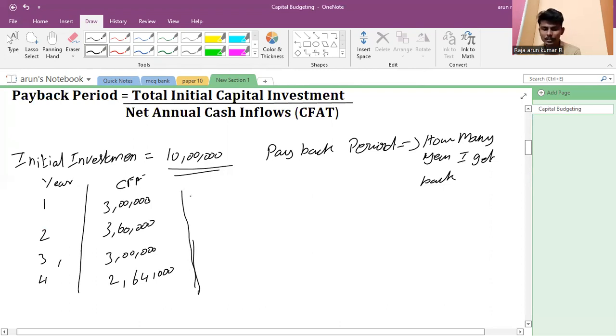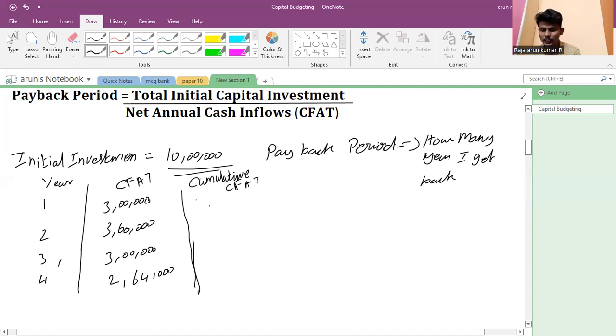We do it with a simple cumulative payback. Cumulative cash flow after tax shows in how many years we reach near the 10 lakh amount.